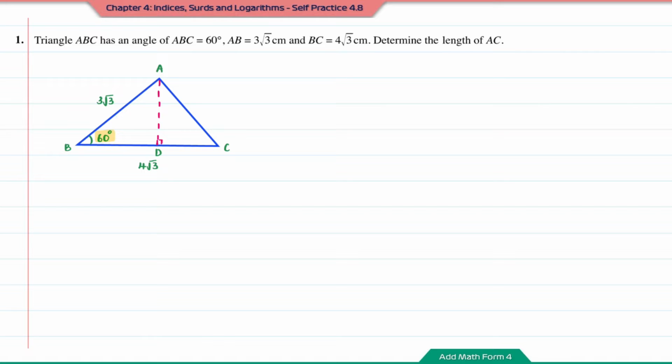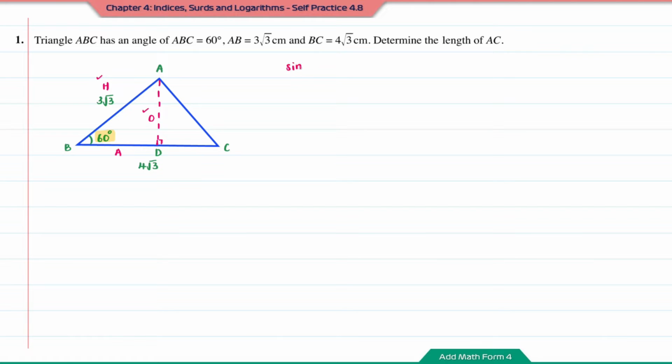Now, to find the length of AD, the angle that we have is 60 degrees. So let us look at the triangle ABD. AD is the opposite side of this 60 degrees, BD is the adjacent side, and AB will be the hypotenuse. To find the length of AD, we're going to use sine, as this is the opposite over the hypotenuse.